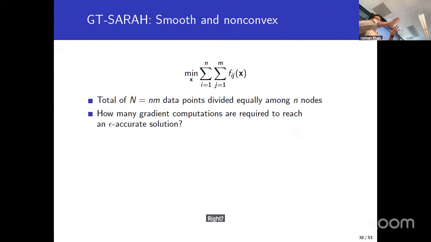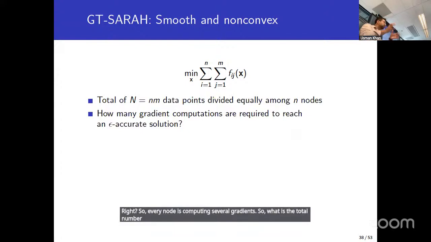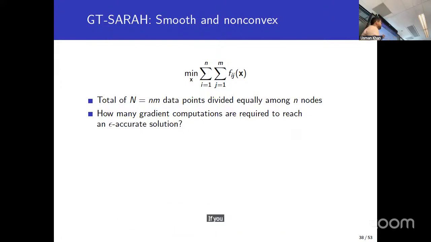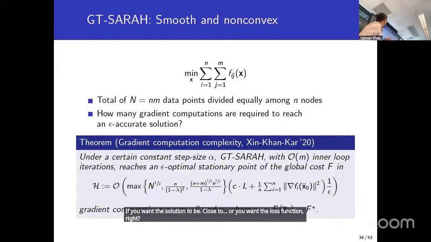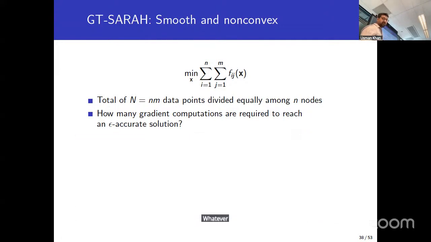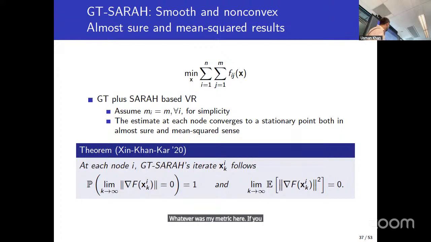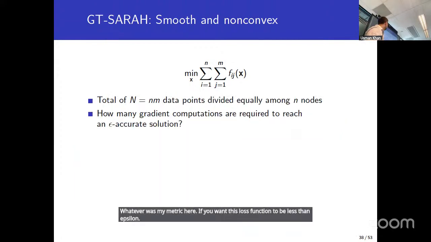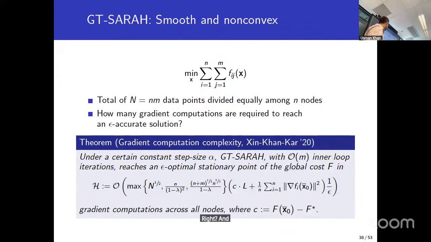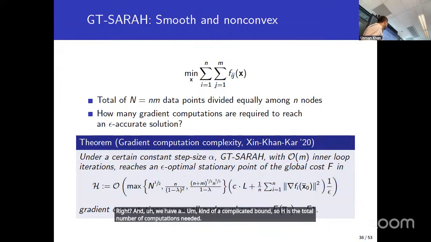Every node is computing several gradients. So what is the total number of gradients you need to compute if you want the loss function to be less than epsilon, whatever was my metric here? And we have a kind of complicated bound. H is the total number of computations needed. But we can simplify it.